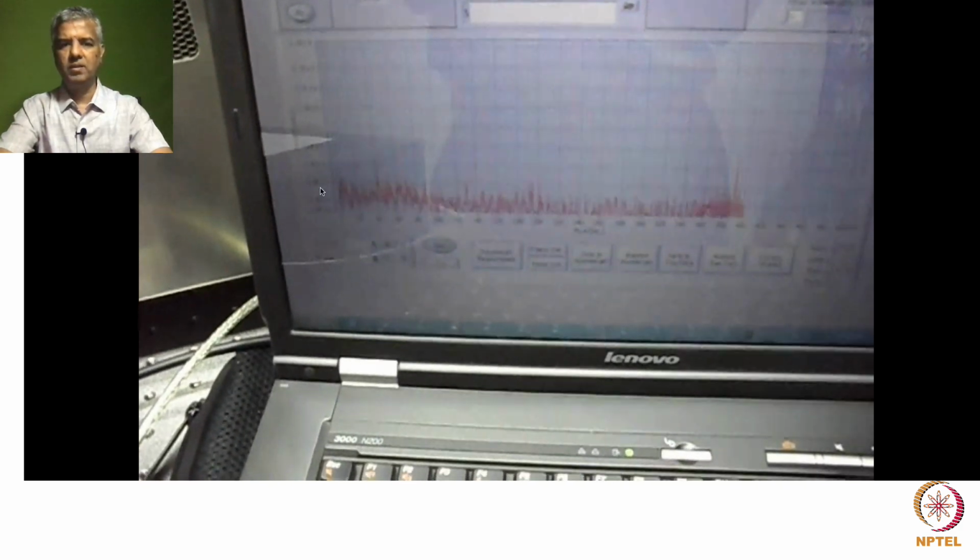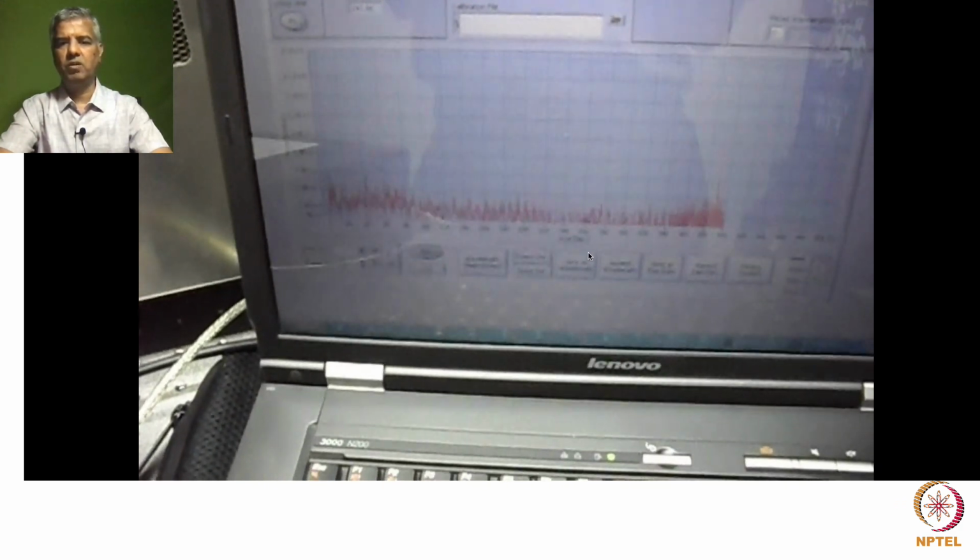The spectrometer output is like this, the reflected power as a function of wavelength.